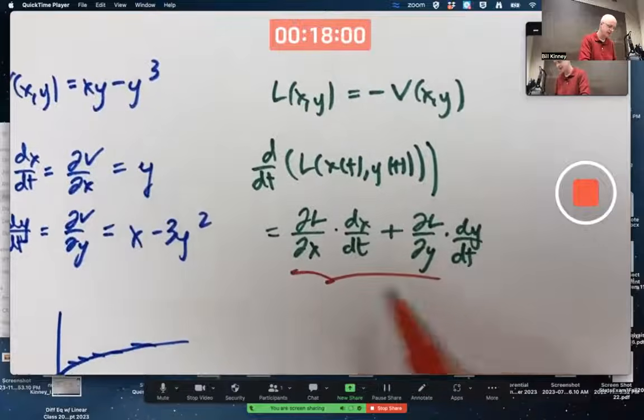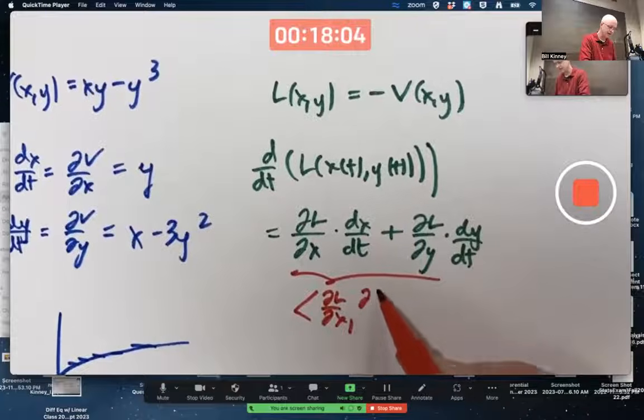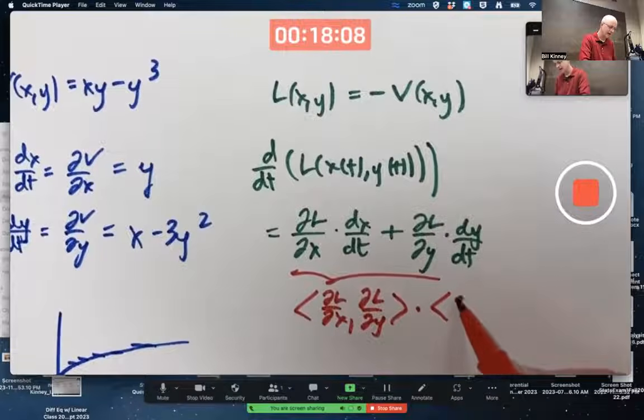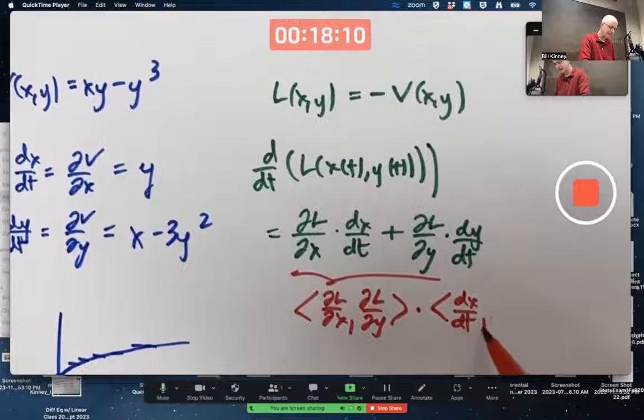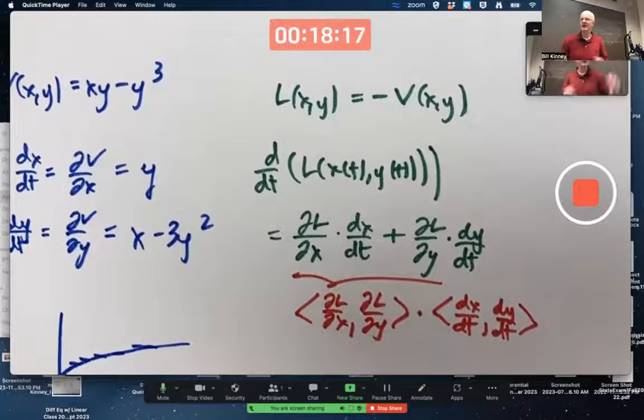I don't know if you've ever thought of it this way, but you can think of this as a dot product. Oh, I guess I'm using multivariable calculus vector notation. I didn't mean to do that. It's sort of a habit, using pointy brackets like this. Okay, I could have written them as column vectors.